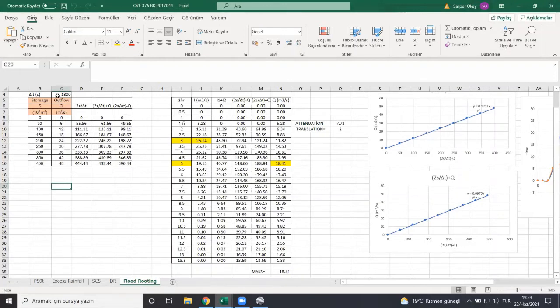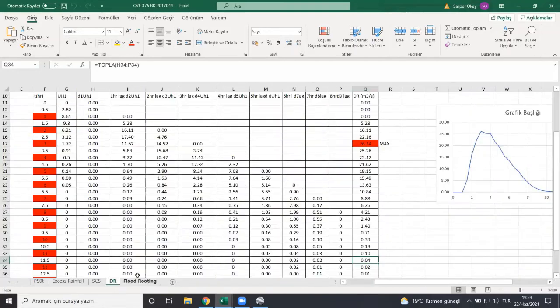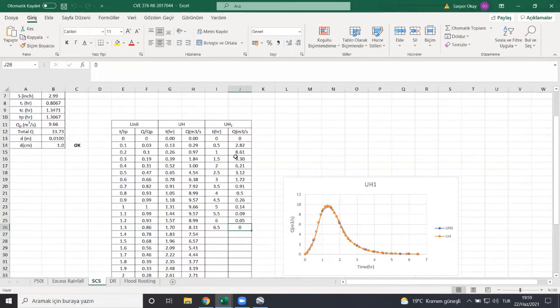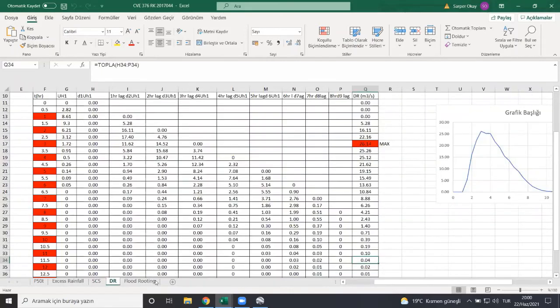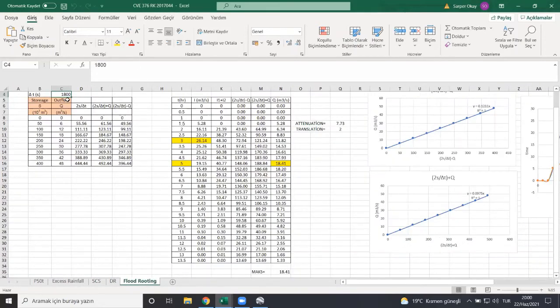How can you do it? This Δt value will be your Δt, of course, and it is 1,800 seconds. Why? Because here we used a 0.5 hour increment. If you were using a 1 hour increment, how many seconds are there in an hour?